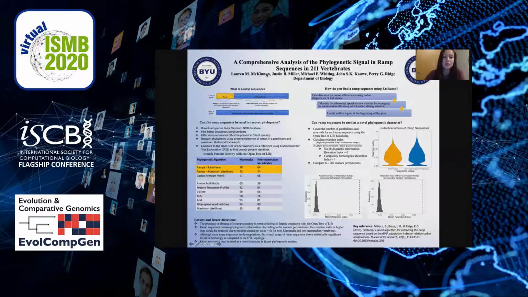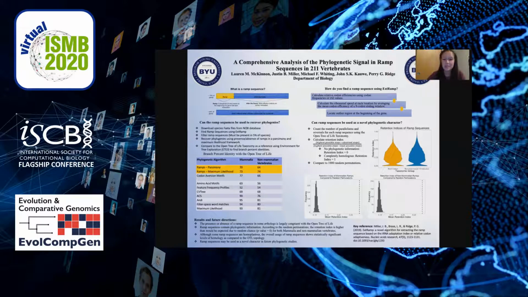So what we did was we first downloaded species FASTA files from the NCBI database, and looking at their genomes, we identified any ramp sequences that might exist in all of their genes. Then we looked at each orthologous gene across the vertebrates, and we determined if a ramp sequence was present or absent in each of those genes.